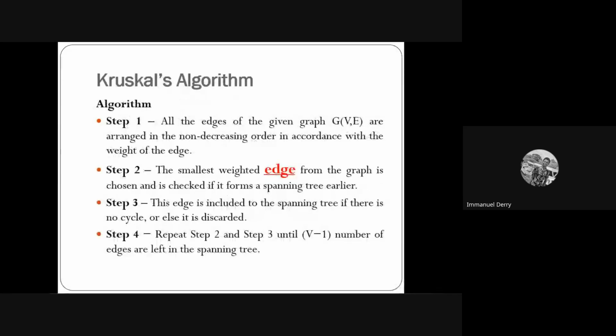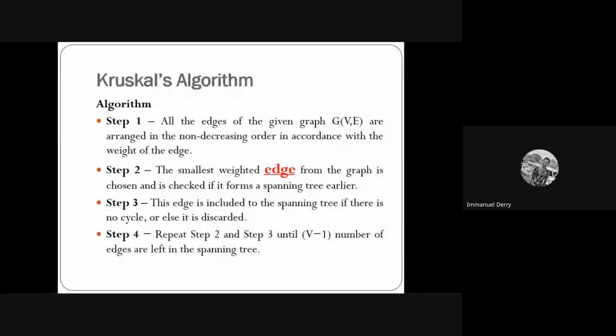All right, so let's talk about the Kruskal algorithm. These are the steps that Kruskal follows to determine the spanning tree from a given graph. Step 1: all the edges of a given graph, G(V, E), are arranged in non-decreasing order in accordance with the weight of the edges.